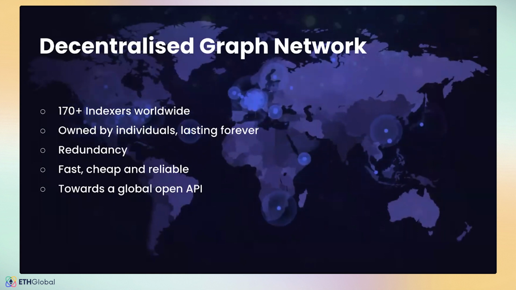So it is similar to what we talked about before, that Ethereum or a blockchain in general is a distributed network. There is this redundancy. So if a subgraph is indexed by one indexer across the world and that one goes down, another is still around. That also gives you fast, cheap, reliable access to that data. And the whole mission is that we go towards a global open API of the data that we need.